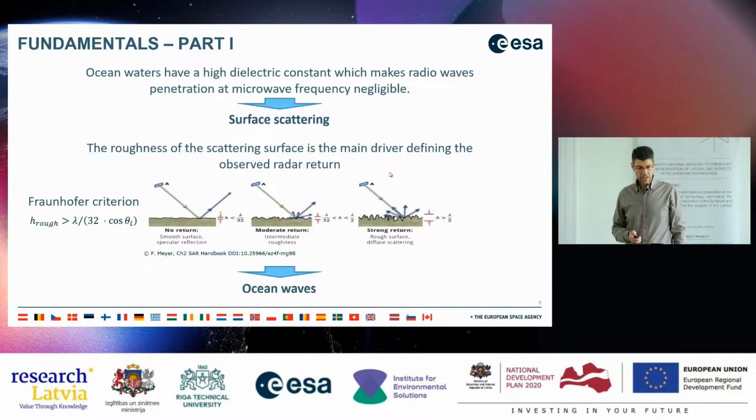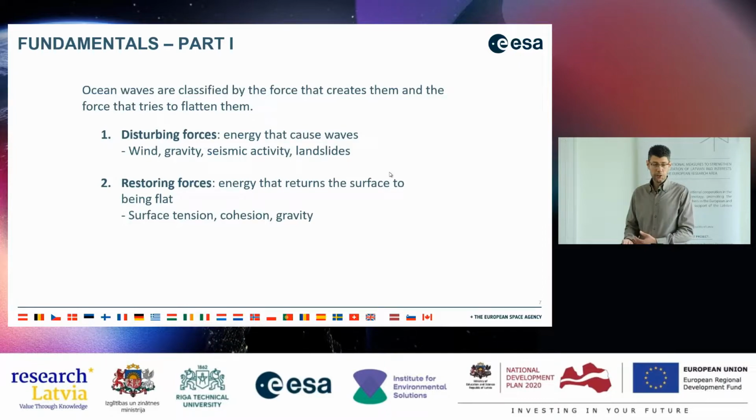So I just want to tell you how ocean waves are generated. They are generally classified by the forces that create them and the forces that flatten them, divided in two classes. The first are the disturbing forces, the energy that causes the waves, mostly the wind, gravity, seismic activity and landslides.